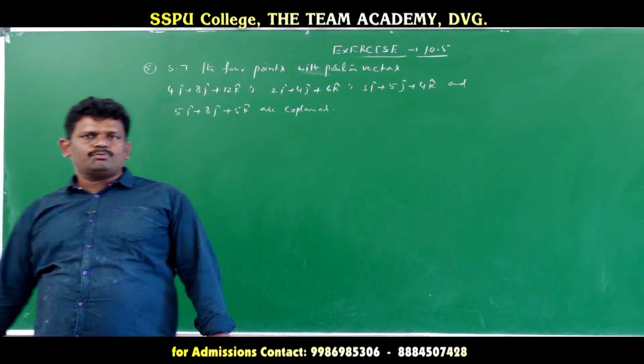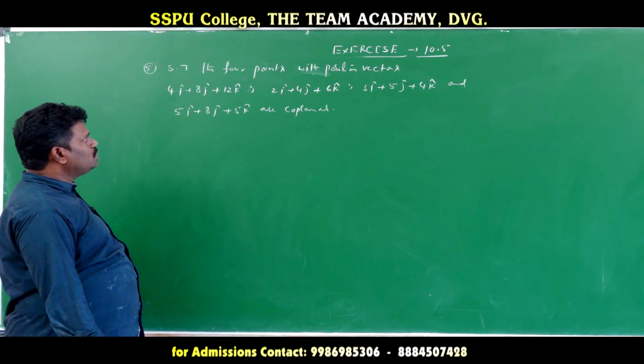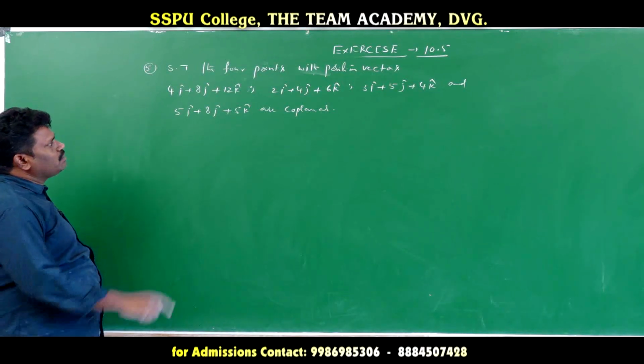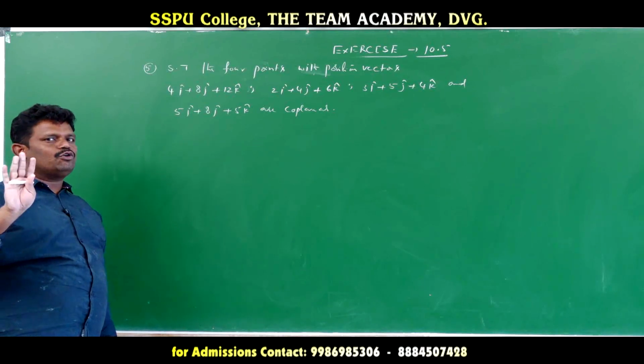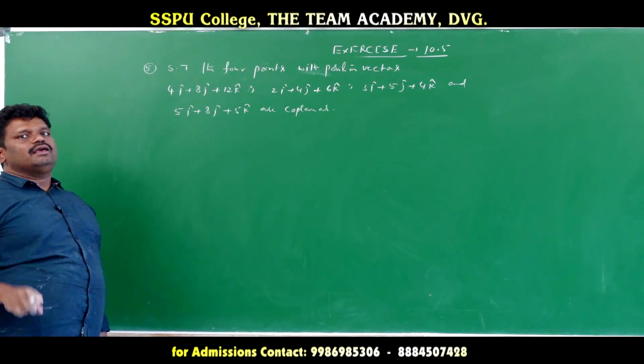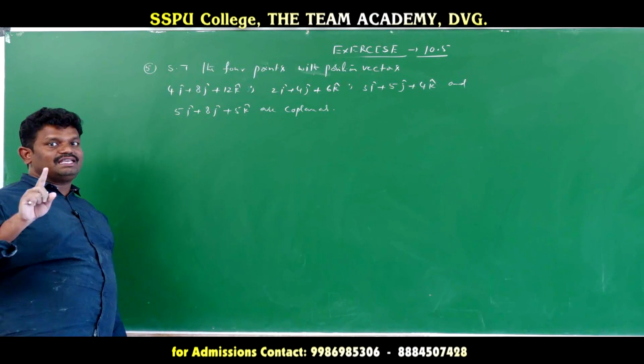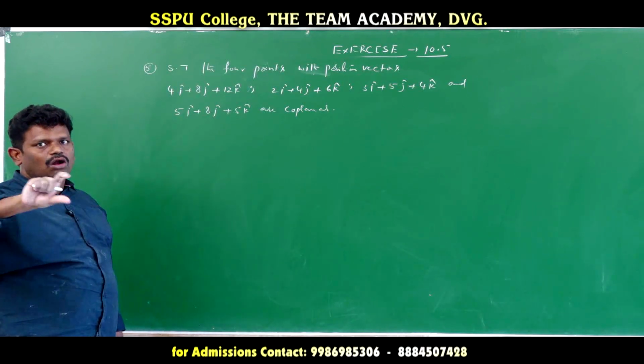Now this is an important question for 3 marks. Show that the 4 points with the given position vectors are coplanar. Whenever 4 points are coplanar, the 3 vectors AB, AC, AD, in that order only, we consider.